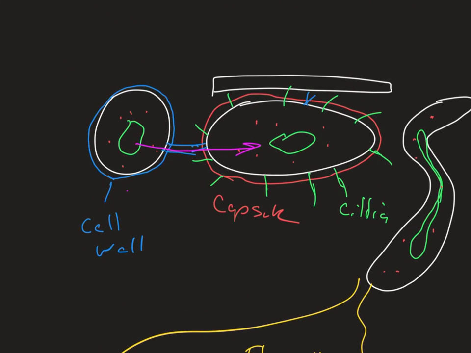Because they can do this. If one bacteria does not die from the antibiotic and it passes that information on how not to die, then the second one has it. You guys with me on this?